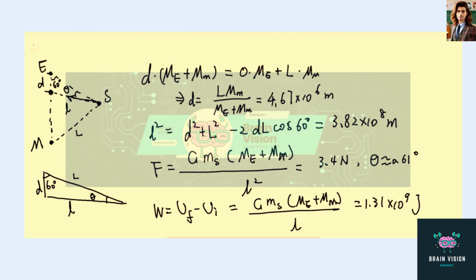And from this triangle, we know this side is d, this side is L. We need to find the distance between the satellite and the center of mass, which is a small l here.